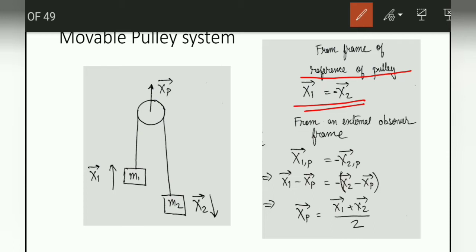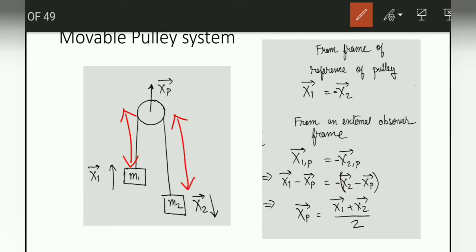Now I can write the same thing, this x1 vector with respect to the pulley is equal to minus x2 vector with respect to the pulley, because with respect to the pulley both are the same. The amount of displacement here will be equal to the amount of displacement here.